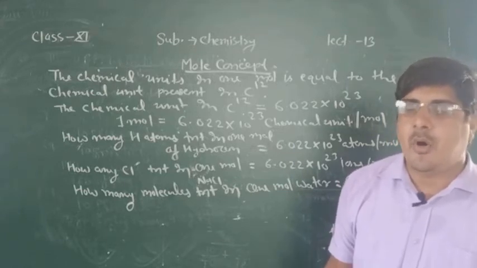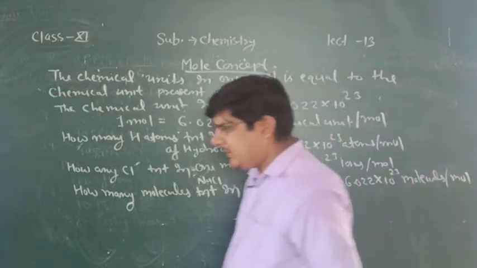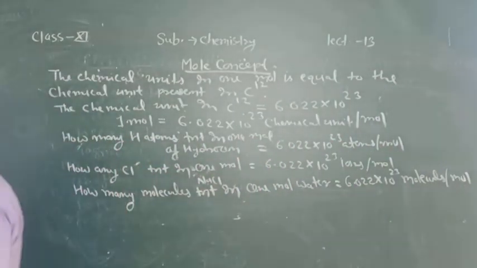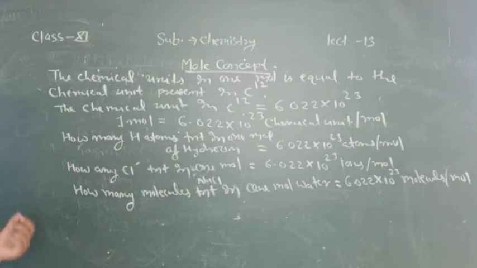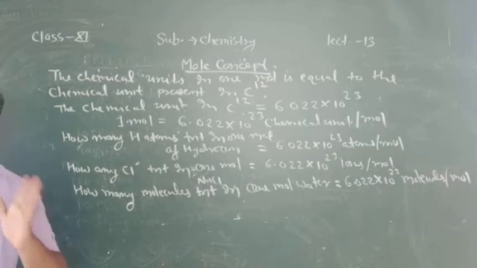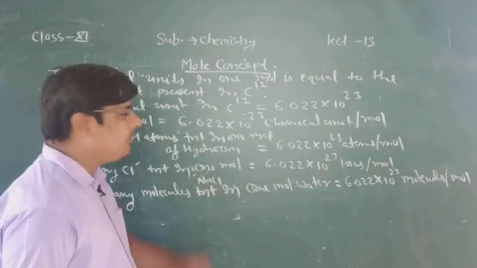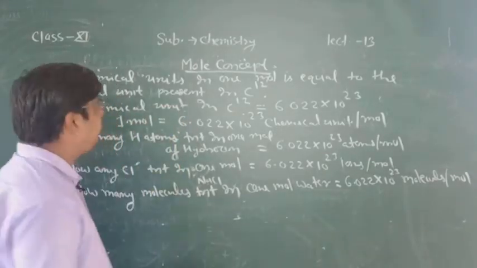The volume of any gas in 1 mole will be 22.4 liter or 22,400 milliliter. Okay, so take the screenshot for this. Then I will tell you some numerical questions related to the mole concept.